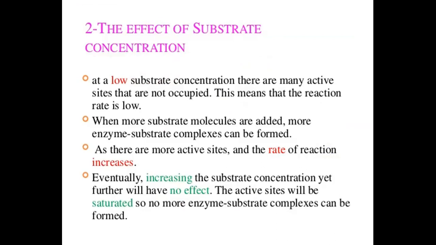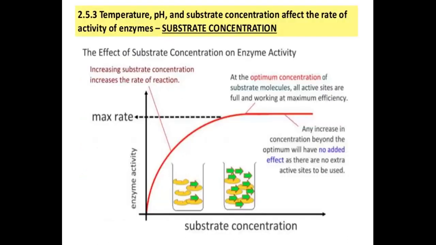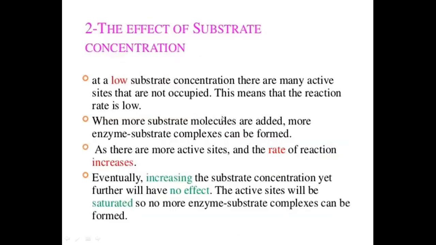When more substrate molecules come and bind with the enzyme active site, the enzyme-substrate complex will be formed. That is the transition state, and this is the maximum rate of the enzyme-substrate reaction.